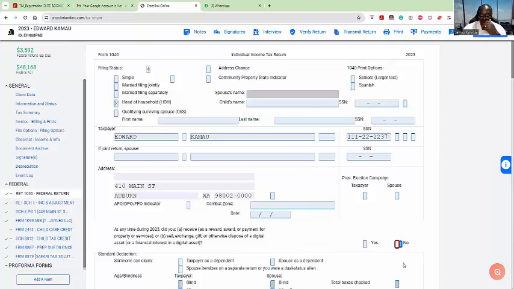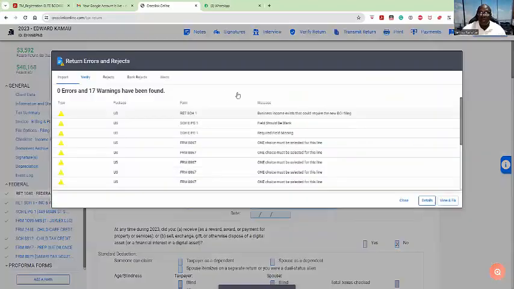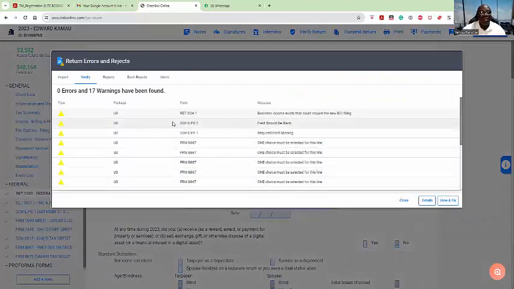Were you paid that way? So say no if you ask the taxpayer. Actually, you don't answer. You ask the taxpayer. So another one we have is a business income exists that could require new BOI filing.